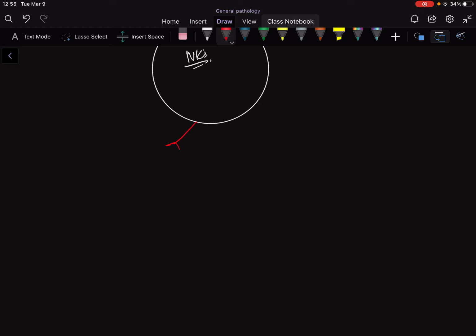Here is the inhibiting receptor and here is another receptor called the activating receptor. These belong to the natural killer G2D family, both these receptors.